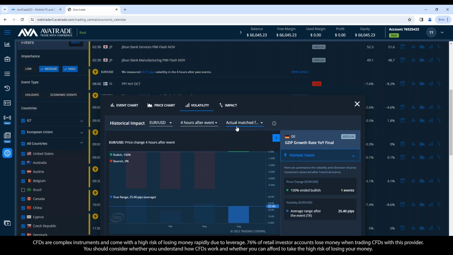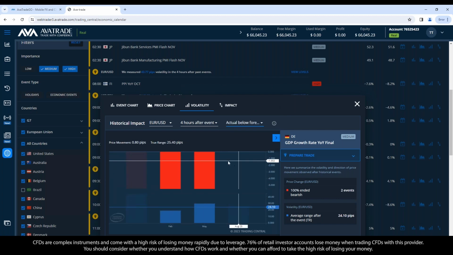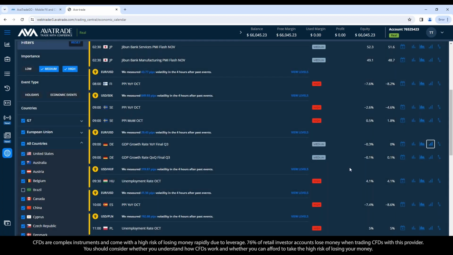So it looks like you have the most data here that if this comes in below forecast, you have 2 data points telling you that then the Euro should drop against the USD. And so this might be selectively what I'd be waiting for, is to see if this indeed came in below forecast, okay? You may or may not want to trade on the medium level announcements.